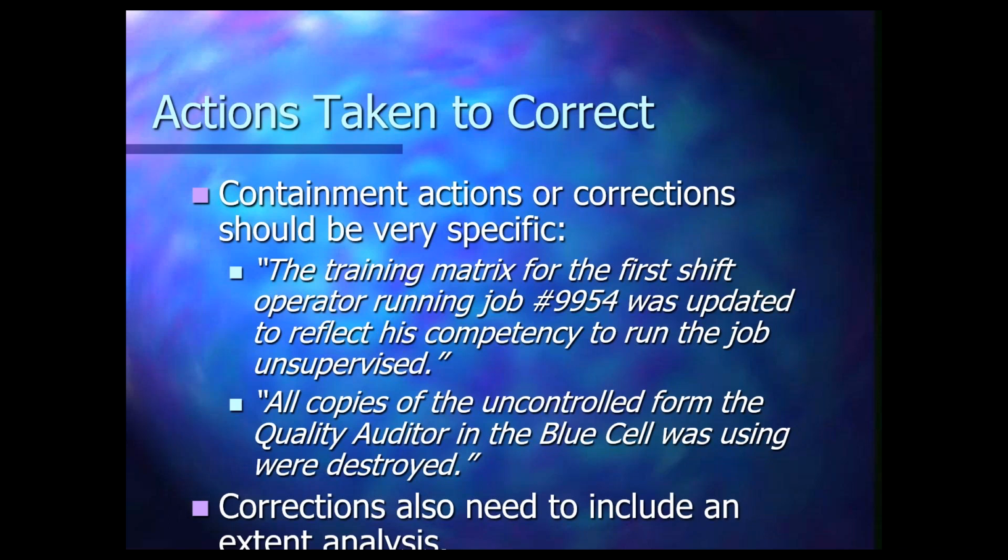You are saying, right, you found the operator with a missing training matrix, or you found a form that wasn't controlled, or you found an uncalibrated gauge. Well, here is the opposite of that. We've filled in the training form, we've calibrated the gauge, we've controlled the form, etc. The evidence statement is very much going to drive the correction. That's the intent.